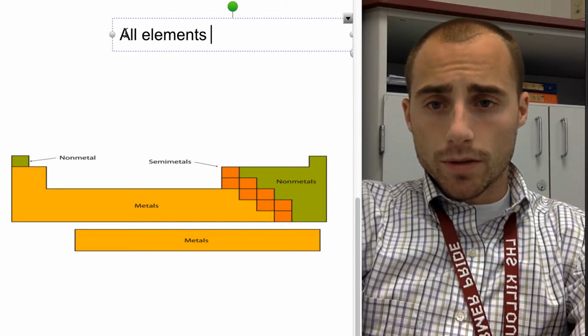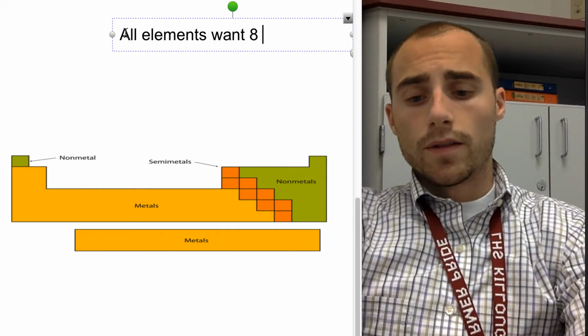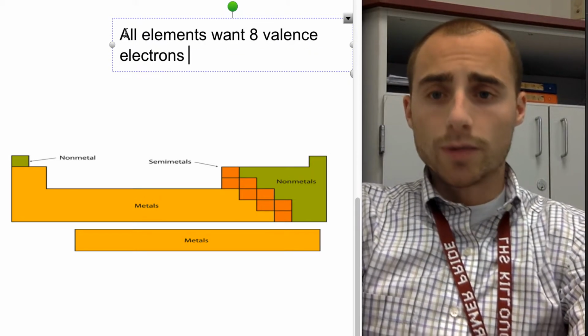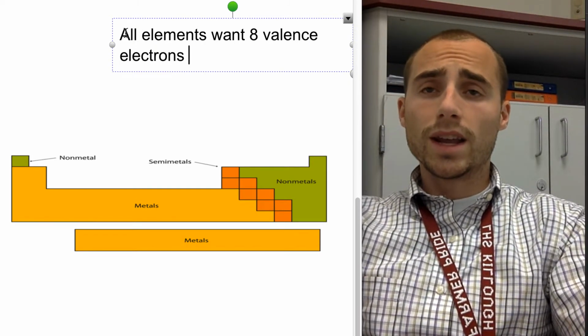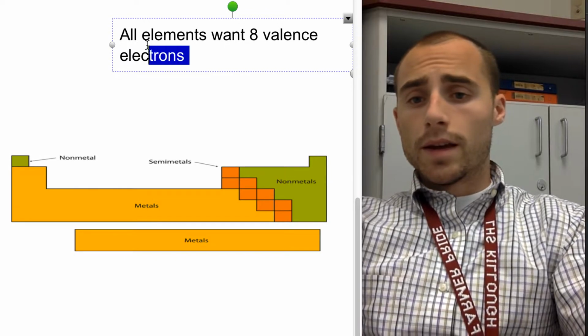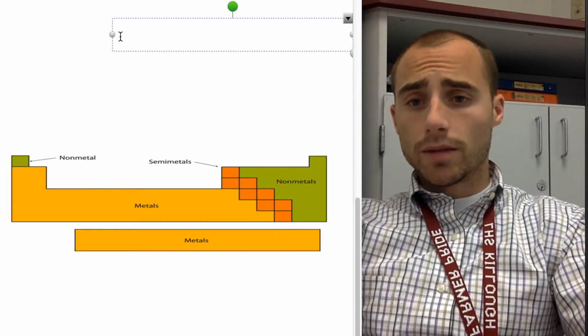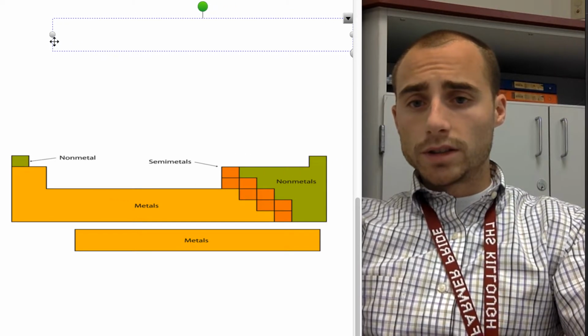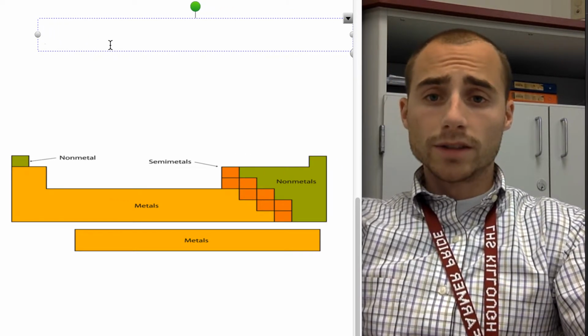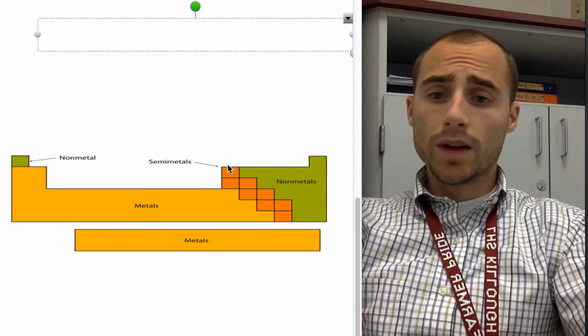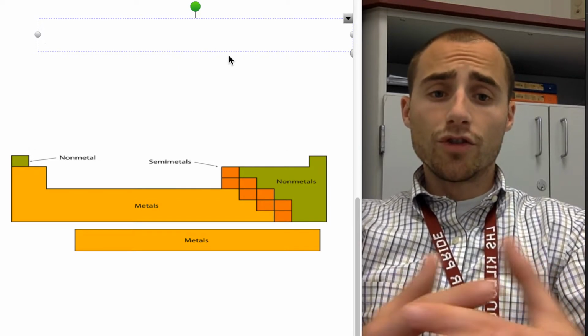All elements want 8 valence electrons. That's why they're going to form these bonds, to try to get 8 valence electrons. Now, if you don't understand to this point, this is where you pause, but I think so far it's been pretty clear in terms of covalent compounds and covalent bonds. Covalent compounds between nonmetals, covalent bonds, they're sharing electrons.